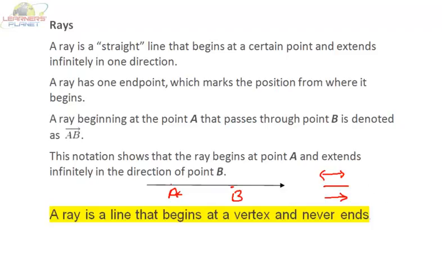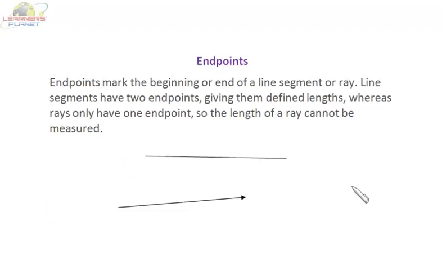Now let's see what endpoints are. Endpoints mark the beginning or end of a line segment or a ray. Suppose we have a line segment over here. Suppose these points are A and B, these are the endpoints of the line segment. A line segment has two endpoints.